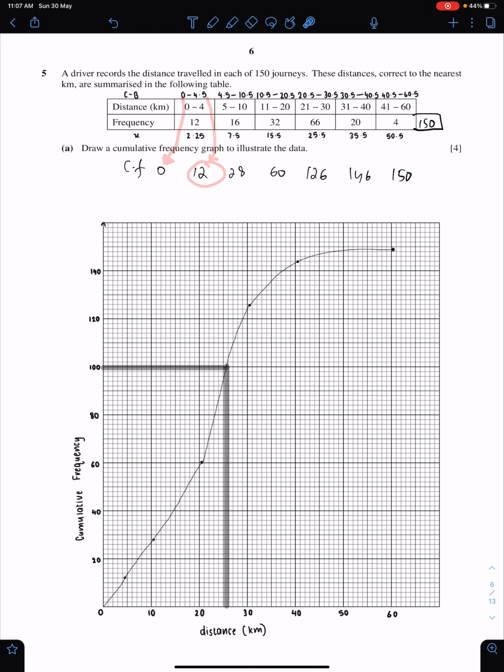I mean, the cumulative frequency for the lower class boundary of the first class is always 0. You just need to plot these points: 0, 0; 4.5, 12; 10.5, 28; 20.5, 60, and so on. And make sure you label both the axes: distance in kilometers and cumulative frequency.